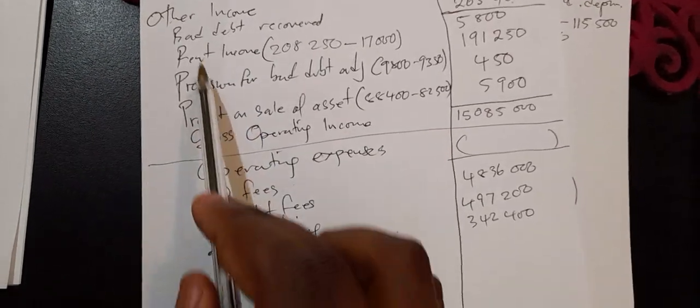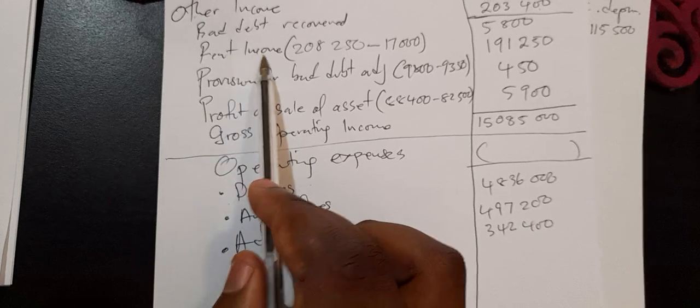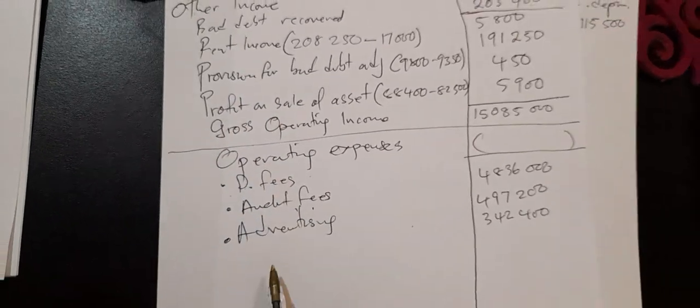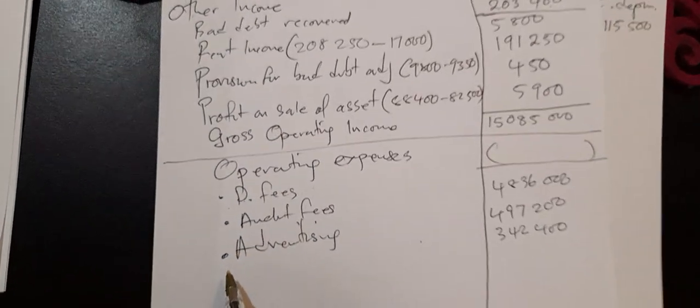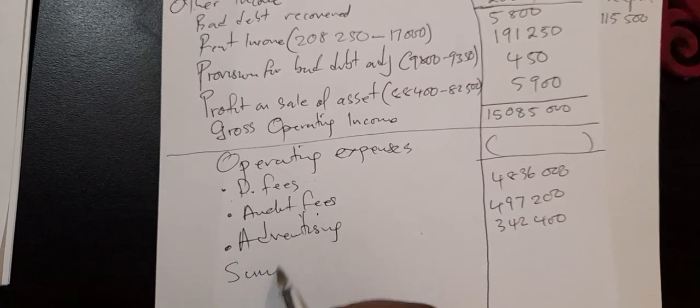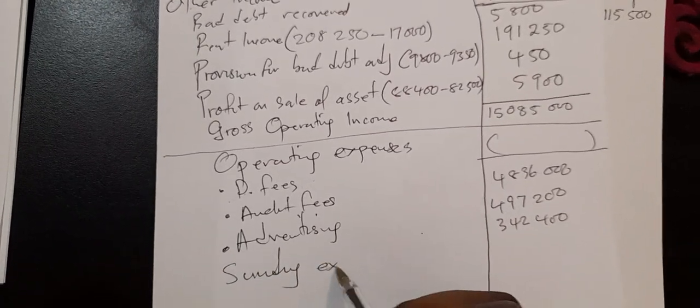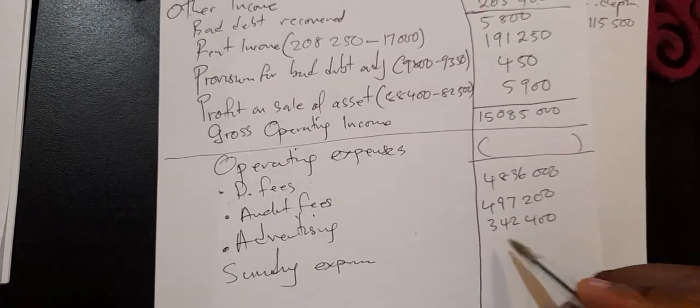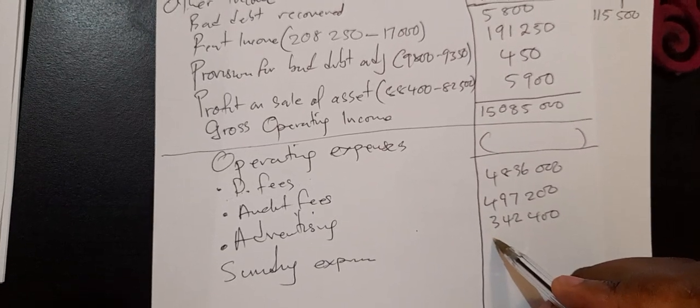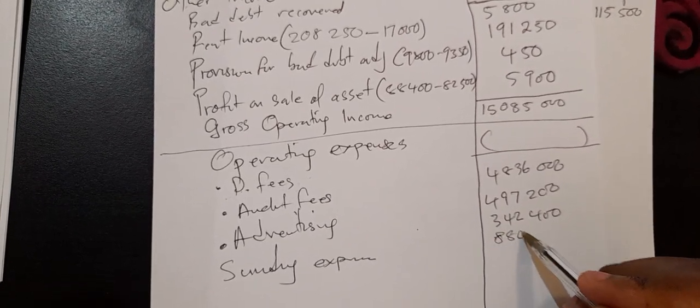So if this one is a little bit difficult, this one will be very easy, or vice versa. All right, we are also given the sundry expenses, which is 88,400.